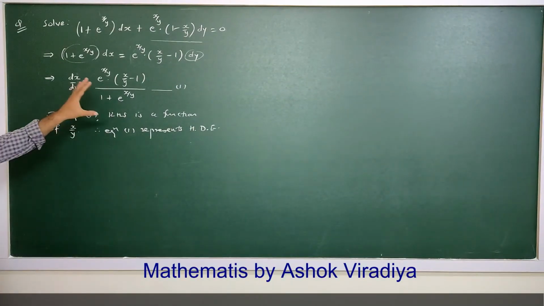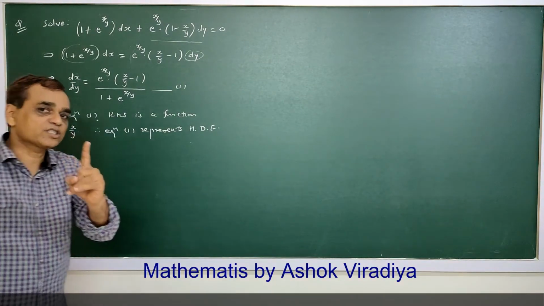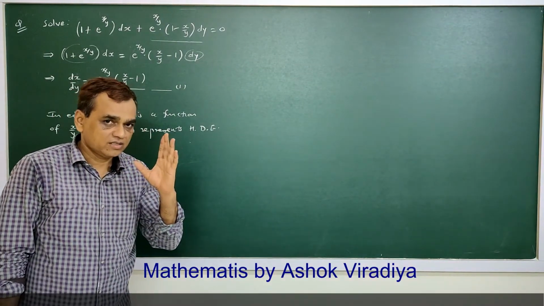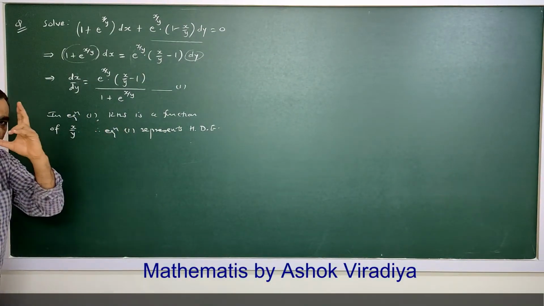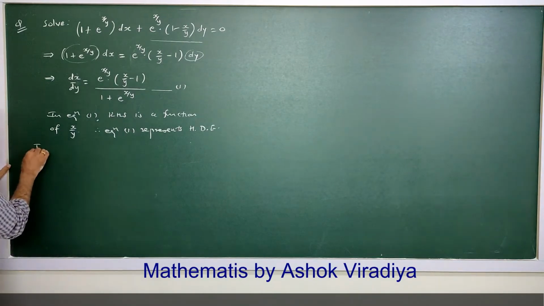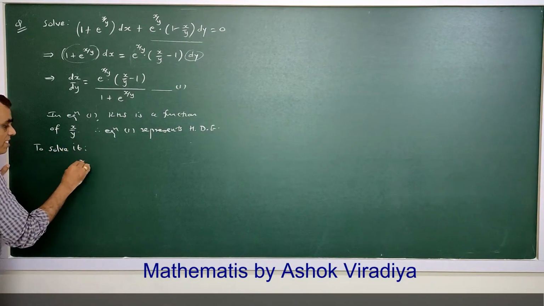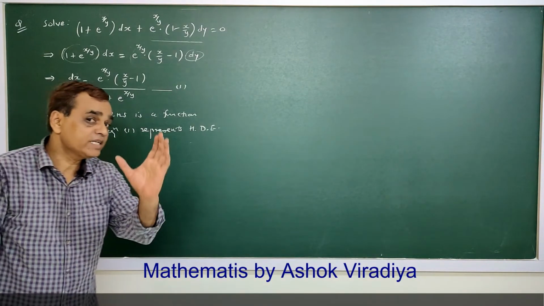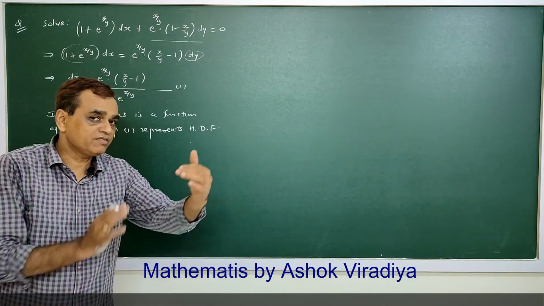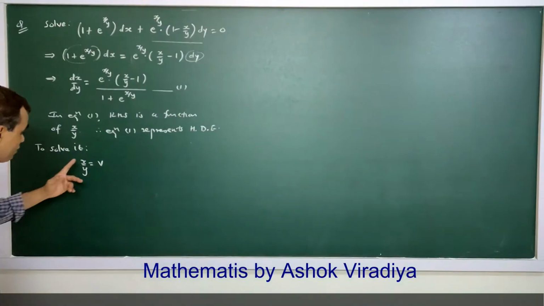And whenever RHS is a function of x by y, left hand side should be dx by dy. LHS is dx by dy, RHS is function of x by y, and to solve this we take substitute x by y equal to v. Now the mechanism is same. In previous questions we were taking y by x is v, now x by y is v.